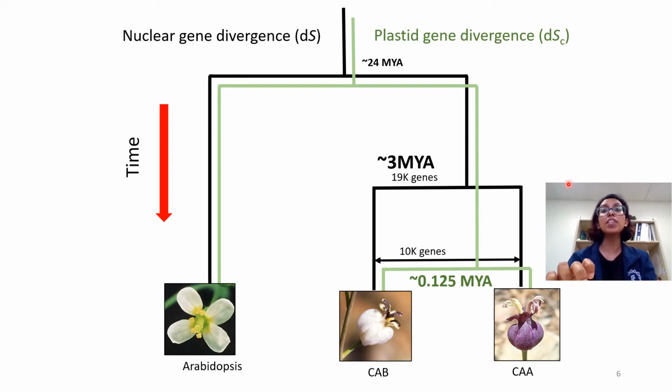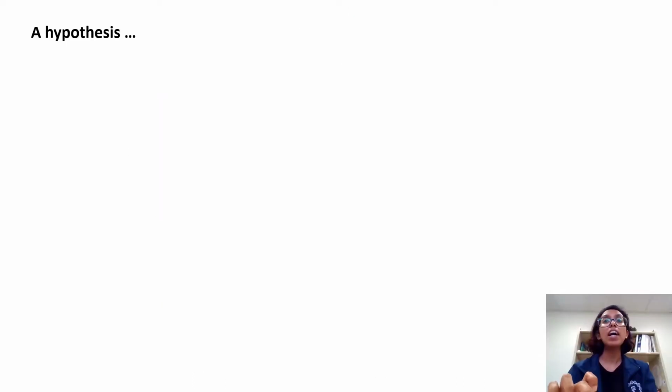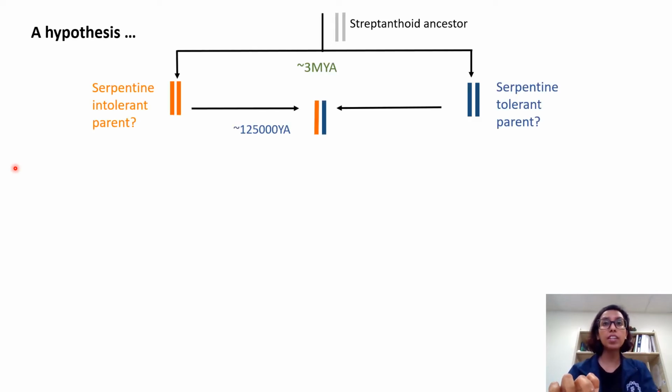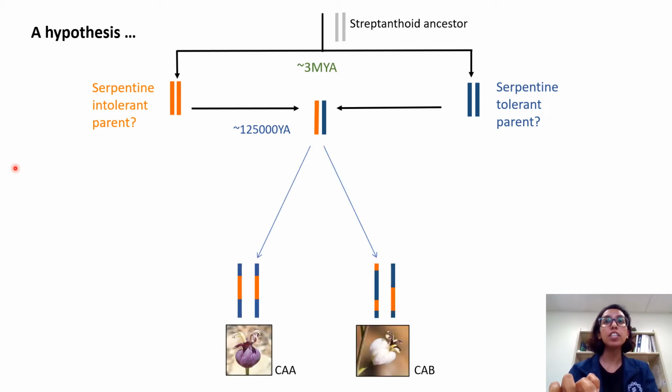With this evidence, we have developed the hypothesis that an ancient streptanthoid ancestor diverged 3 million years ago and the lineages came together, rehybridized and diverged, giving CAB and CAA.